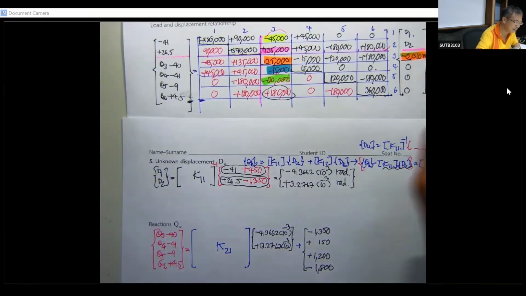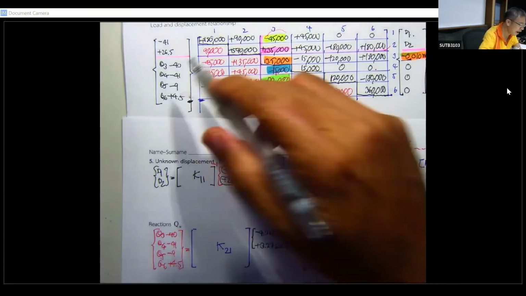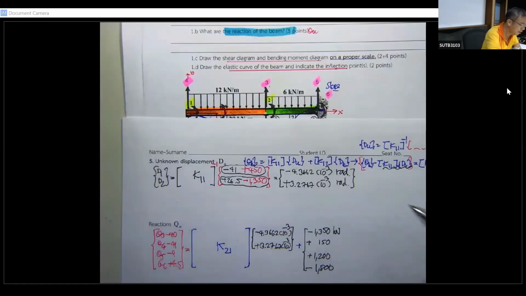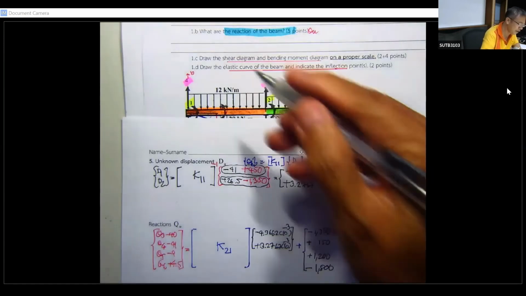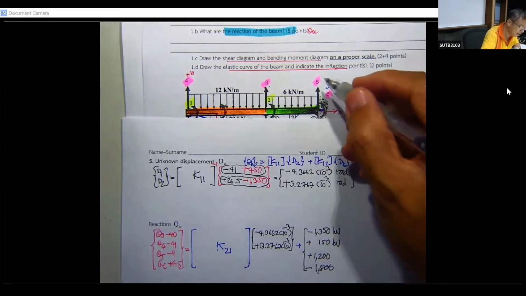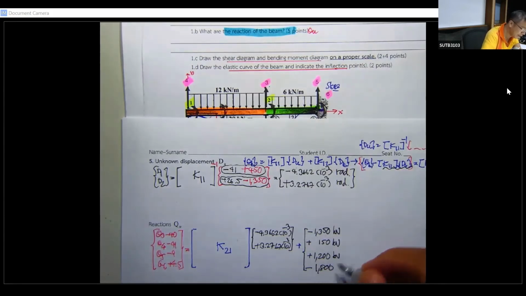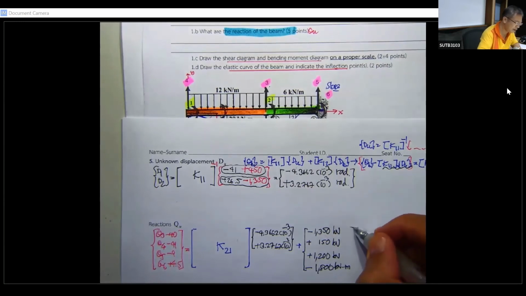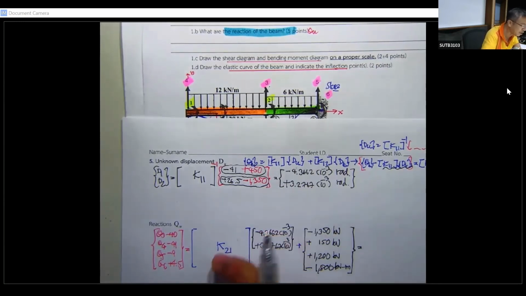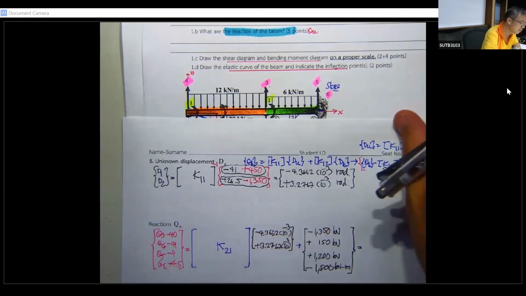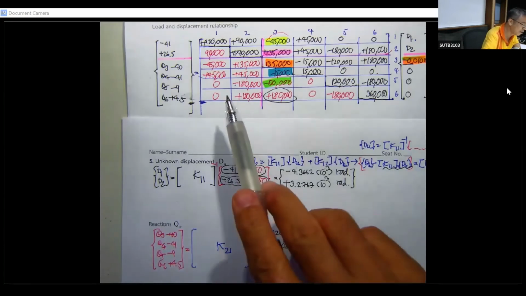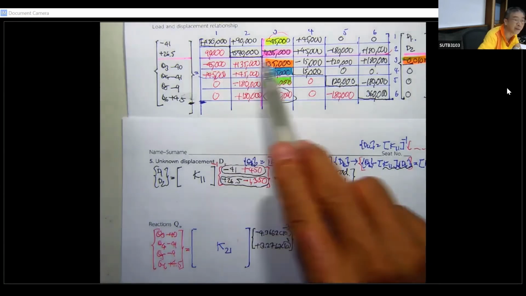And then you must understand that the Q3, based upon what we have here, this is going to be kilonewton, Q4 kilonewton, Q5 kilonewton, and this one kilonewton meter. So you will see what you are looking for. Now you take the computation of this. Can you do it by hand? It's up to you, because it's going to require this one times this one plus this one times this one.